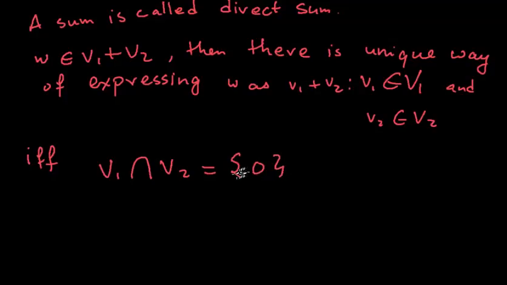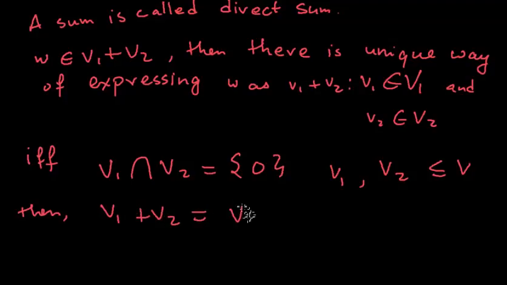If this condition is satisfied, and obviously V1 and V2 are subspaces of V, then we can write V1 plus V2 as the direct sum of V1 and V2.